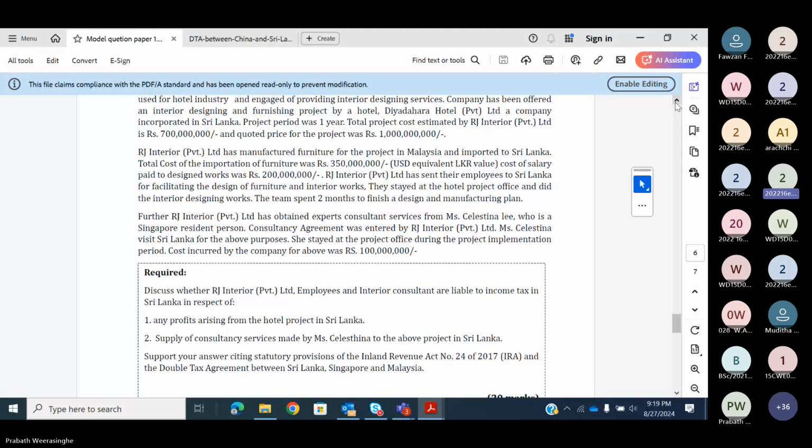The real actual expenditure you can consider, because that is estimated expenditure. So the estimated thing we cannot deduct. Actual expenditure incurred, that we can deduct. Okay, right, sir.